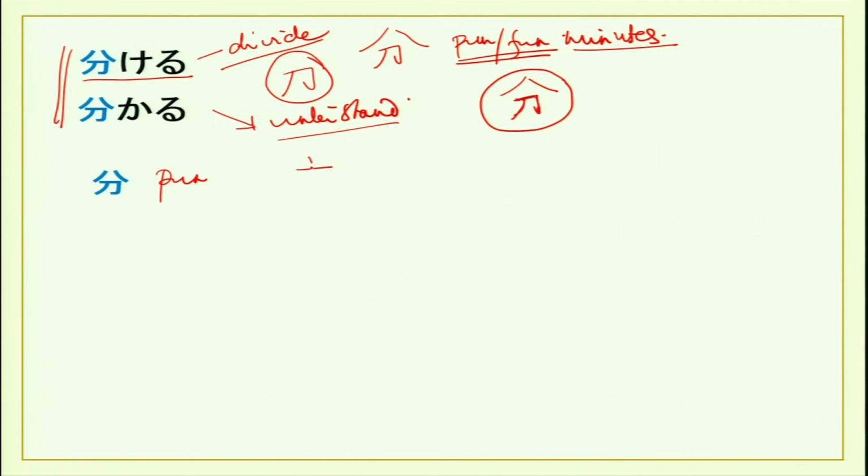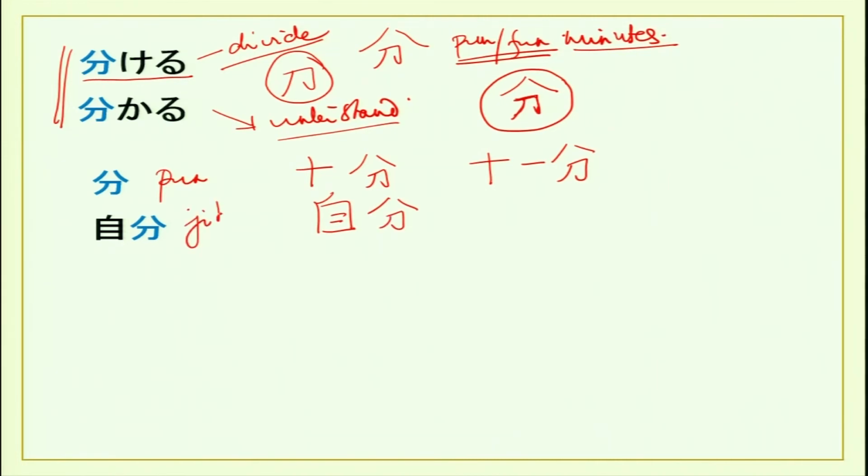You have pun over here. Pun, juppun means 10 minutes, ju ippun. These are simple kanjis that we did earlier and I am doing it now so that it is easy for you to understand and remember the kanji. Now, this is jibun, this is ji and bun, a new word, jibun.